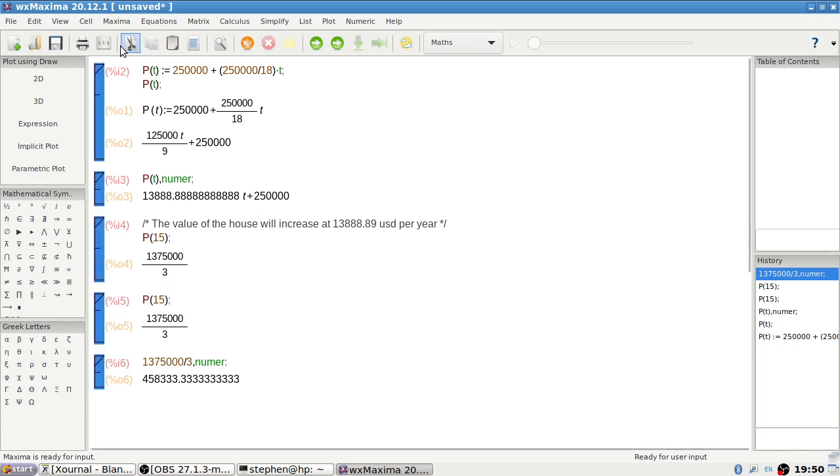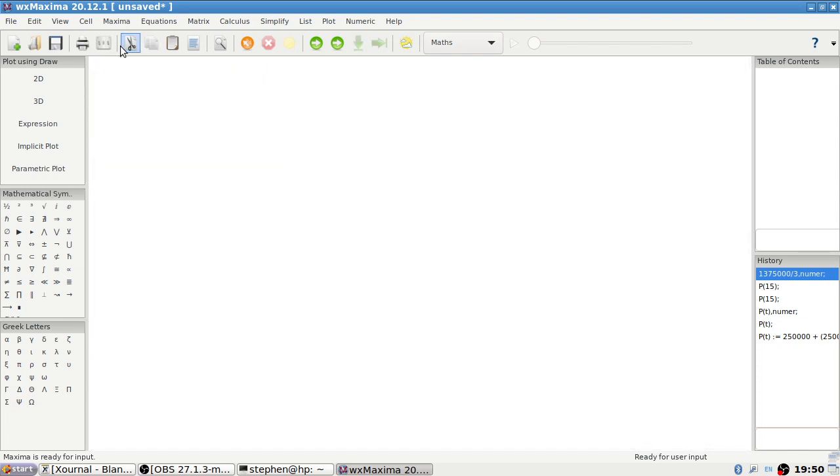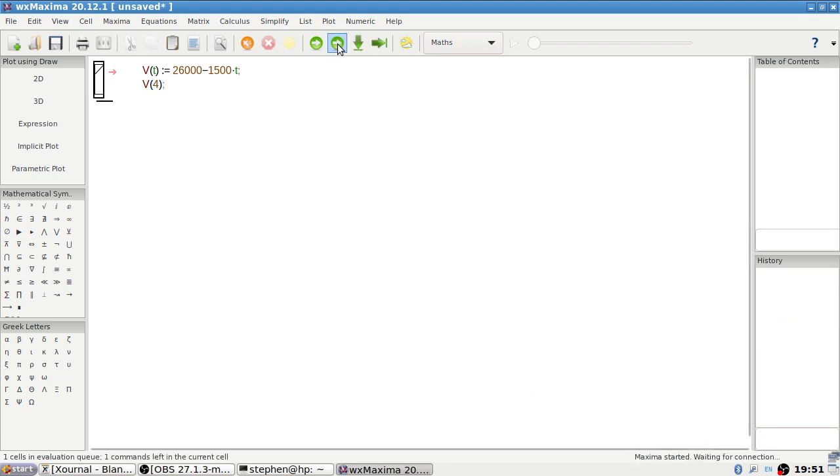Now 107. The car was purchased for 26,000. The value of the car depreciates 1,500 per year. Find a linear model for the value of the car. Let's be careful now. Find a linear function that models the value and then find and interpret V of 4. $20,000.